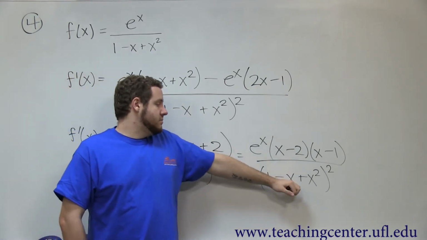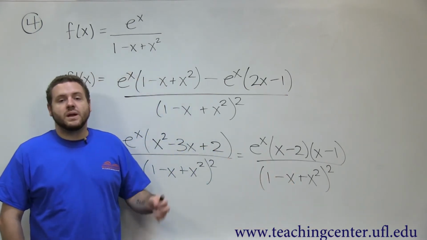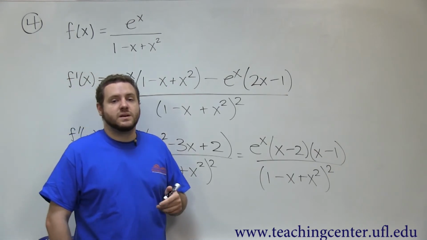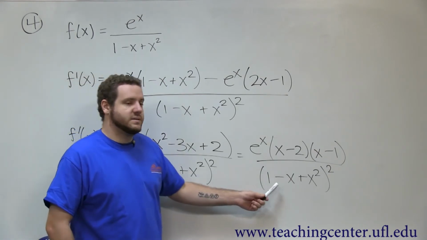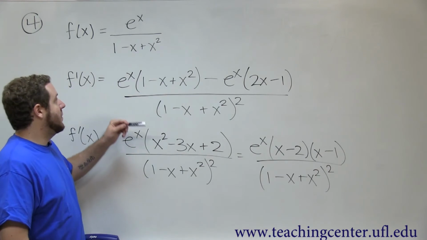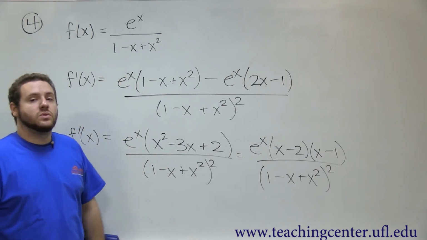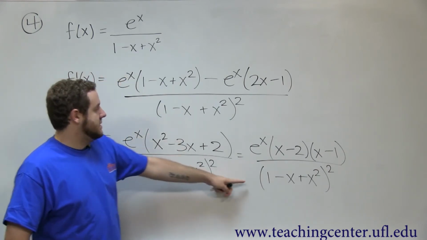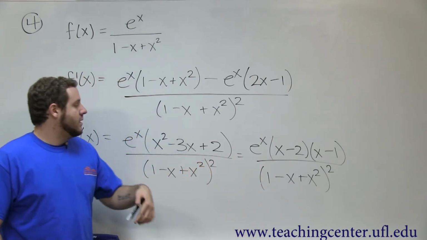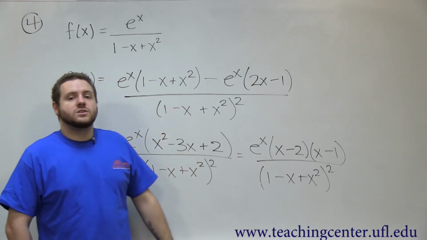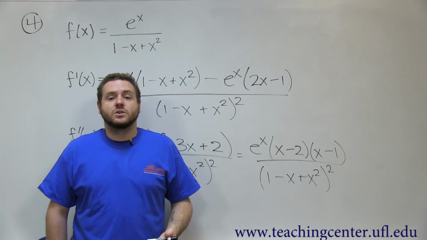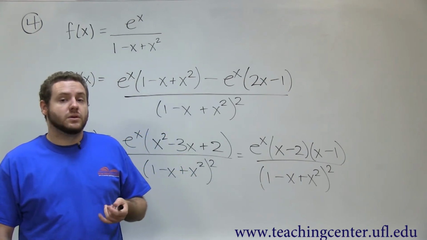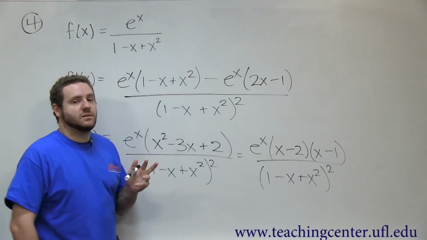The denominator may or may not be 0, but we actually don't care if it does, because even if this denominator ended up being 0, that would have meant that the denominator in our original function would have been 0, because that's just this squared. But if the denominator in the original function was 0, then that point would not have been in the domain anyway, and it couldn't have been a critical number. So remember, critical numbers have to exist on the function.